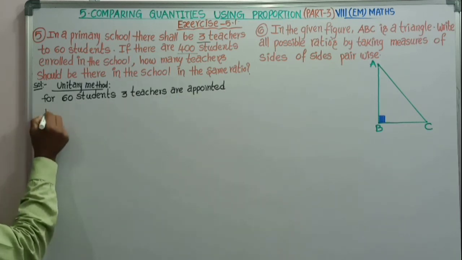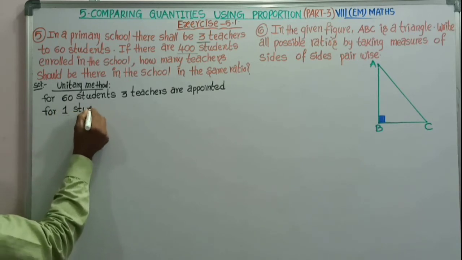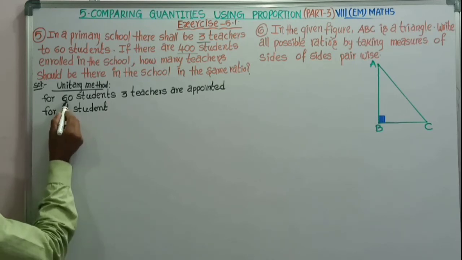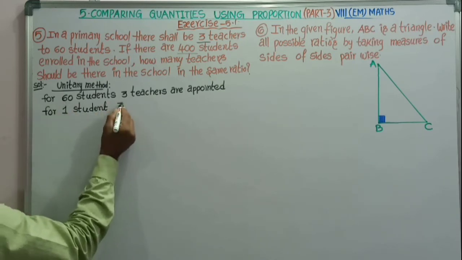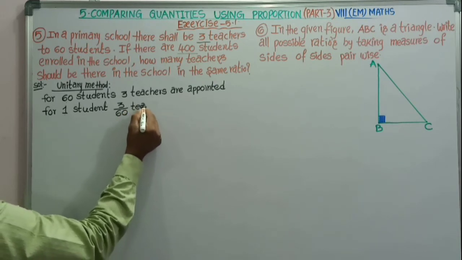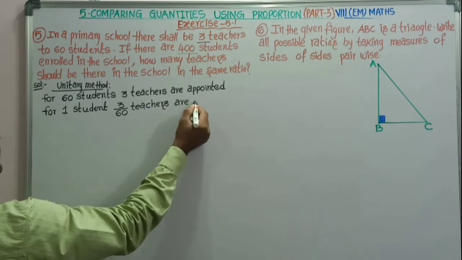So we have to find for one student. To get one, we have to divide 60 by 60. So here also we have to divide 3 by 60 teachers are appointed.